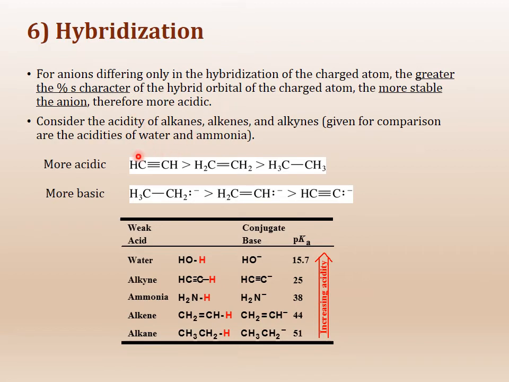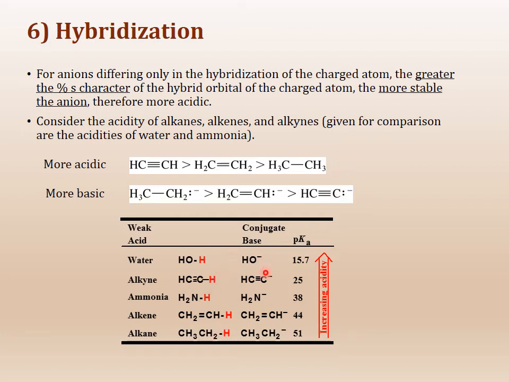The sp hybridization is in alkynes, alkenes are sp2 hybridized, and alkanes are sp3 hybridized. So the alkynes are the most acidic and the alkanes are the least acidic of all the hydrocarbons that we're talking about.